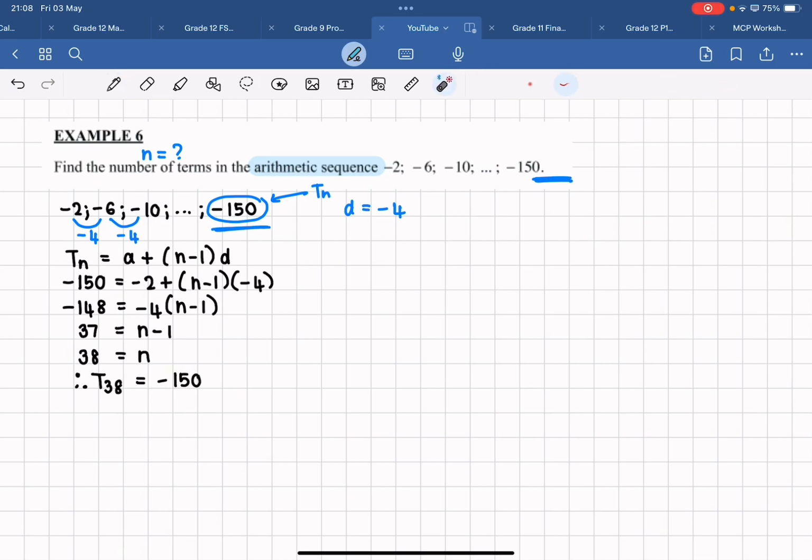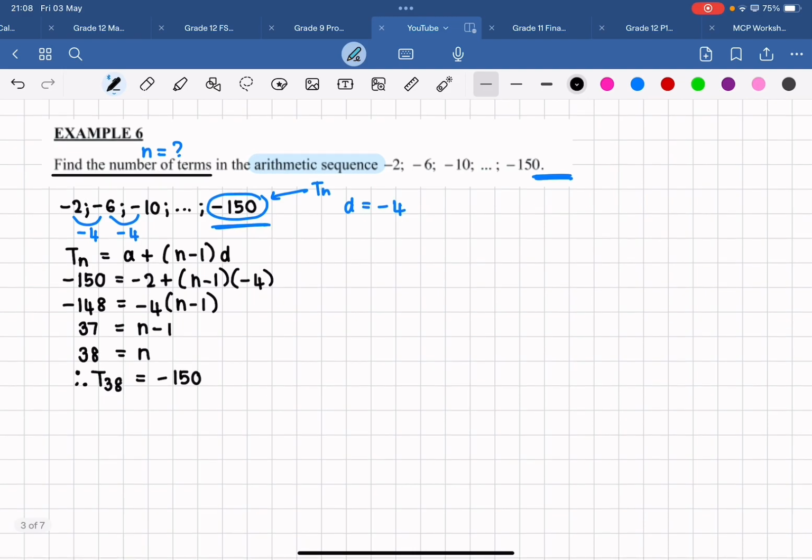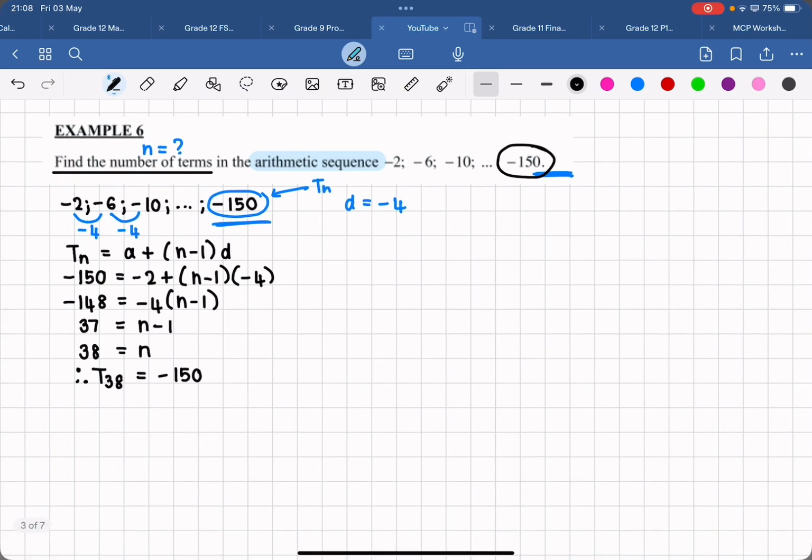You don't actually have to write this line, because that's not what they asked you for. What they asked was find the number of terms. How many terms are there in the sequence? If the last term, -150, is equal to term 38, then that means that there are 38 terms in this arithmetic sequence.